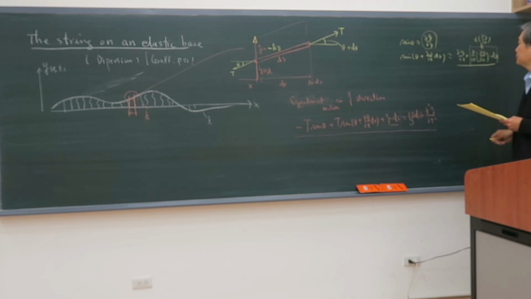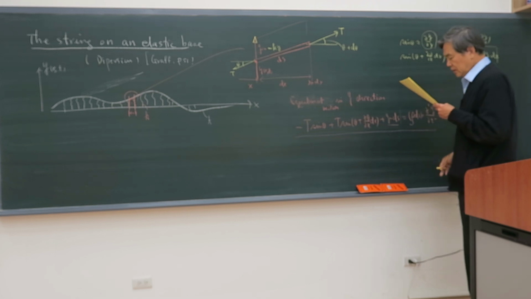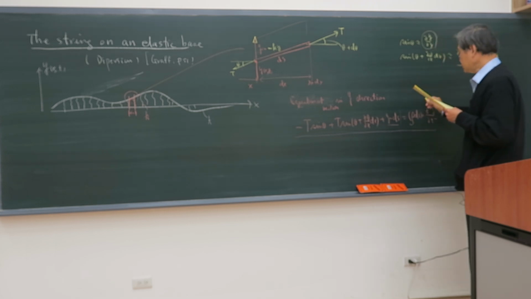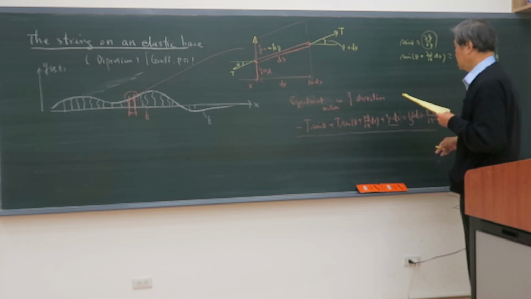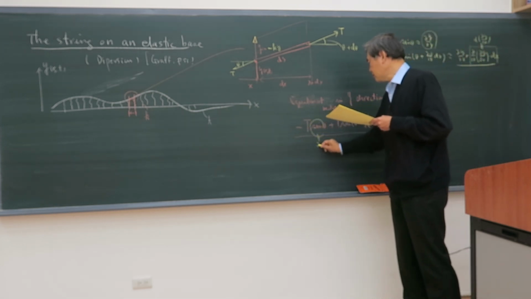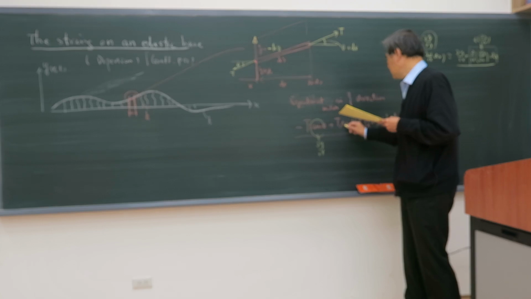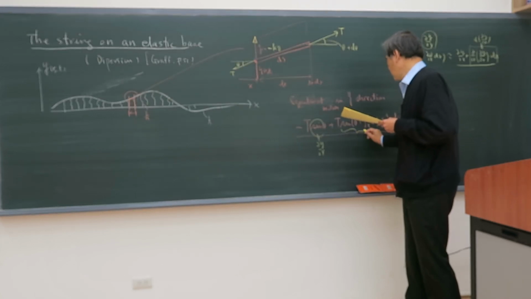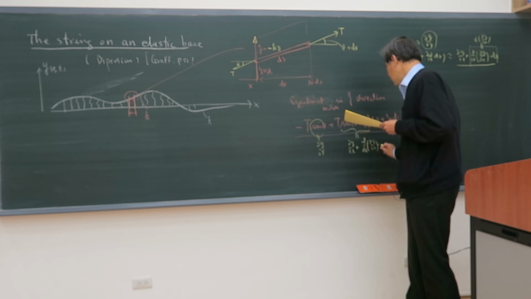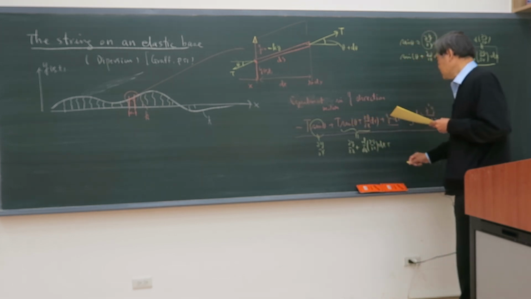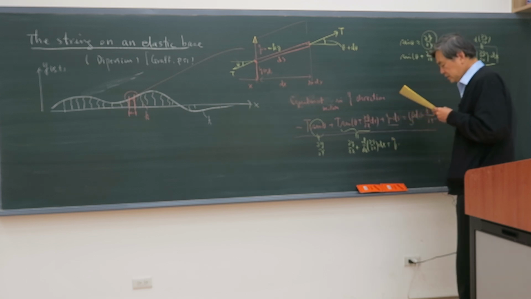This is the meaning. So put inside here, then you can get partial y partial x, and partial y partial x plus d/dx of partial y partial x times dx, plus q, and ds.